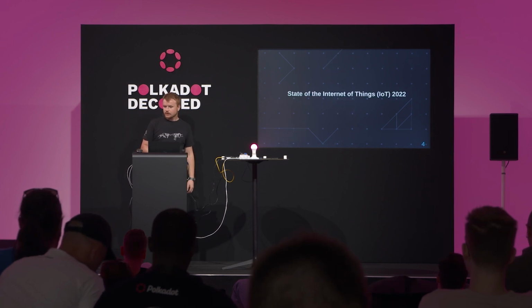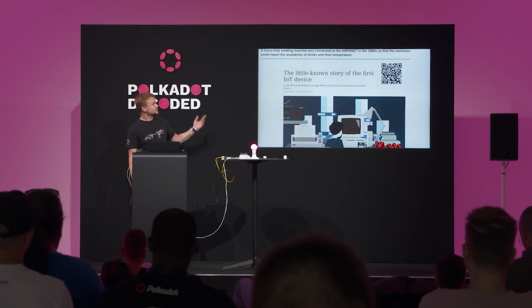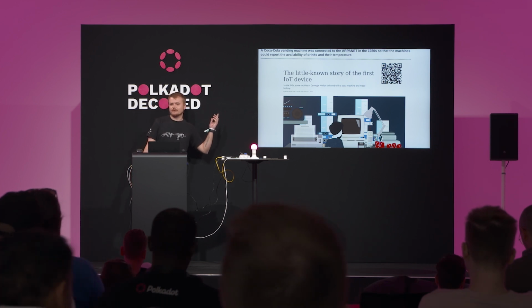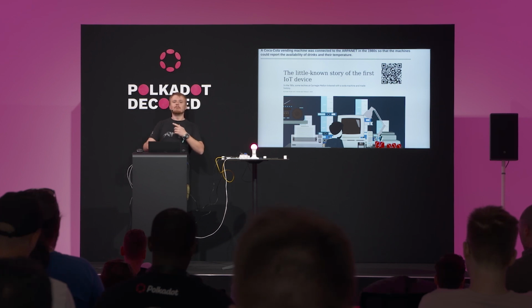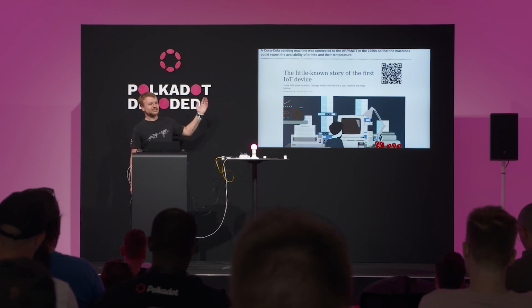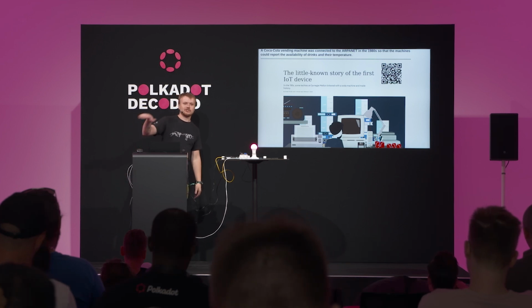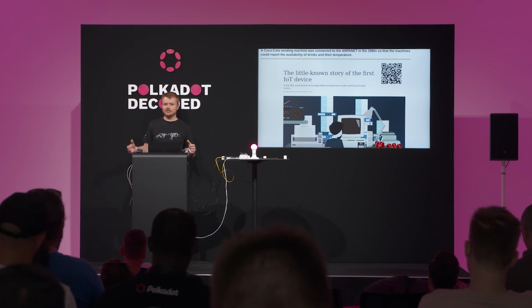So let's start with the history of the Internet of Things. I found a very nice story that happened around, as you can see, 40 years ago, before the Internet. One guy connected a Coca-Cola vending machine to ARPANET to share information about the temperature of the bottles with colleagues, and they started to use this information to find a better Coca-Cola in the vending machine.